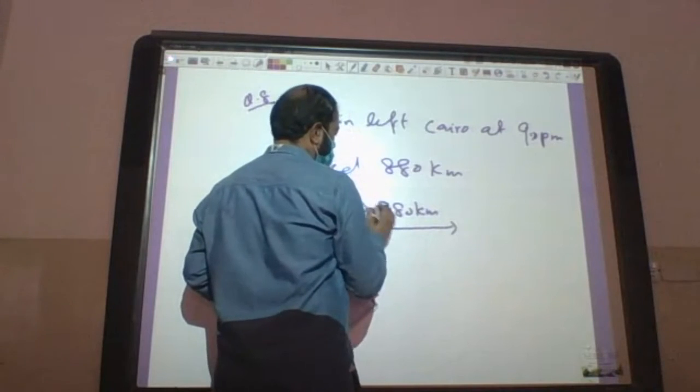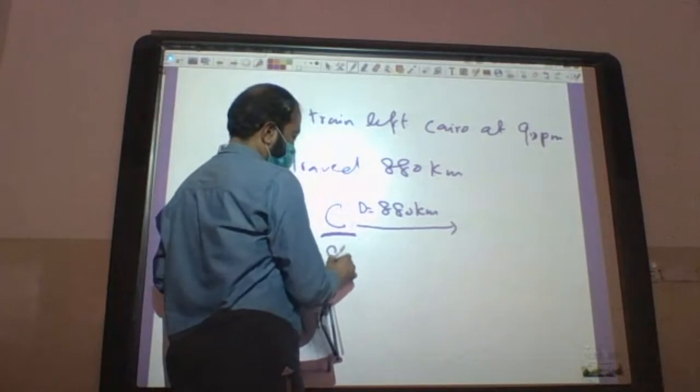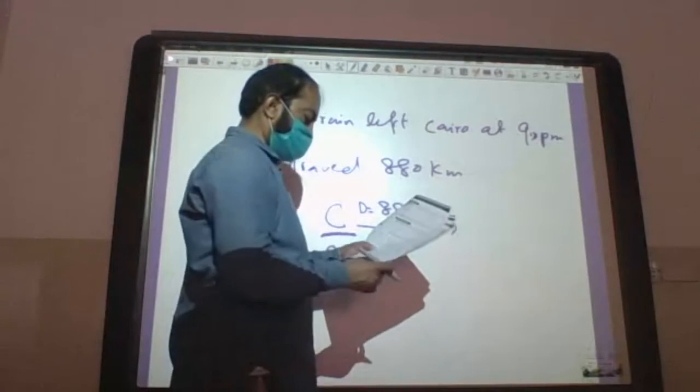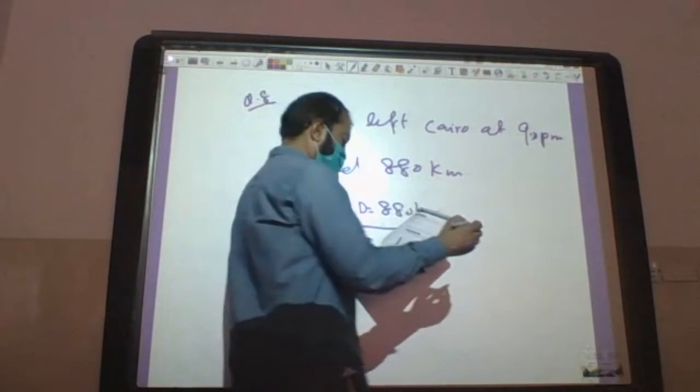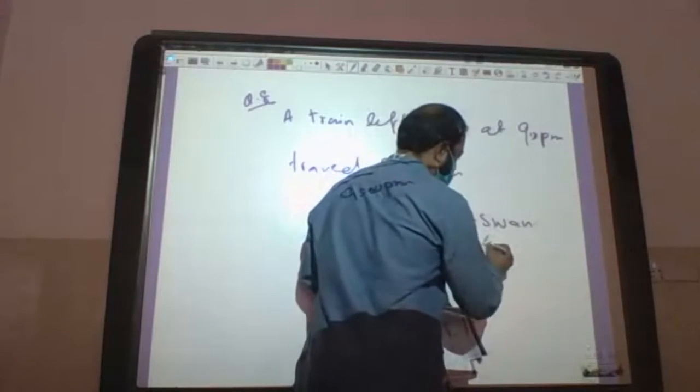That is your distance. And the time when it departed was 9 p.m., and it arrived at the station Aswan at 5 p.m.